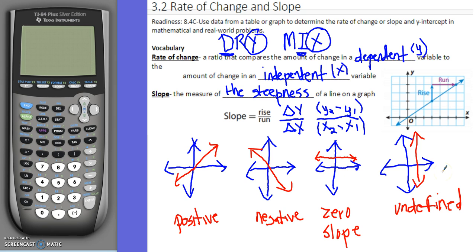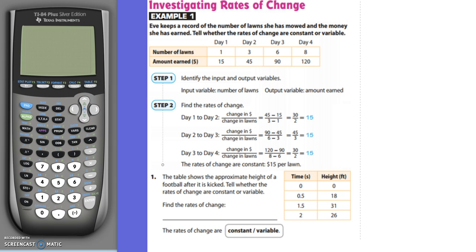All right, so let's go to example 1. On example 1, Eve keeps a record of the number of lawns she mows and the money she has earned. Tell whether the rates of change are constant or variable.